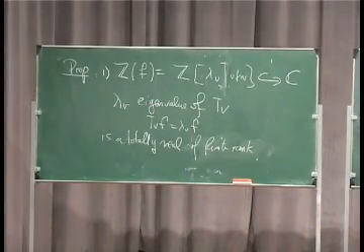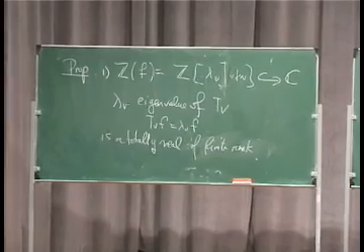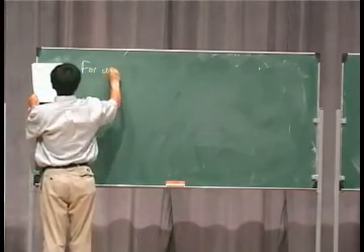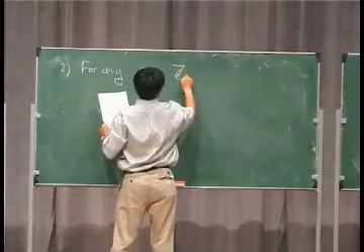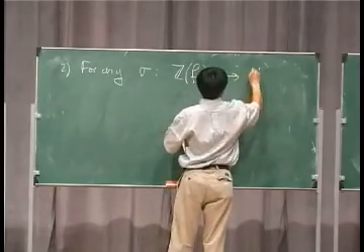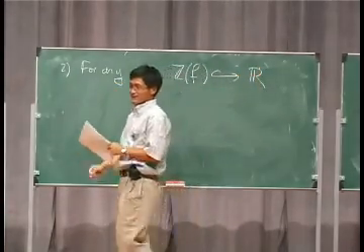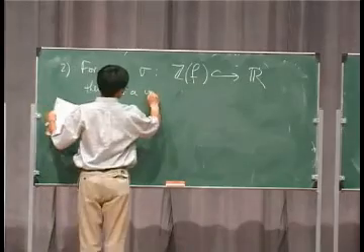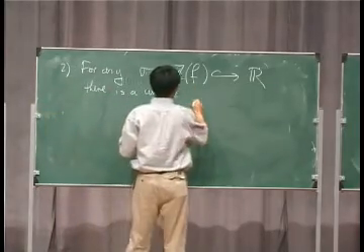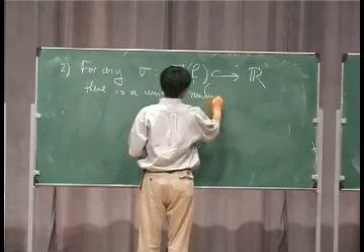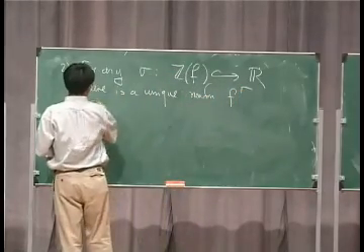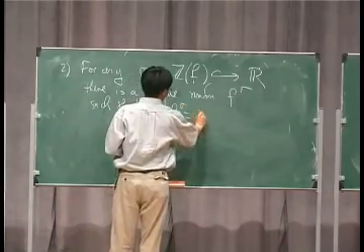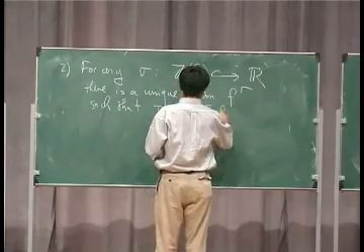The second property is something called strong multiplicity 1, but I just put it in the same way. The second thing is the following. For any embedding sigma of Z of F into the real numbers, of course, you have one embedding already, but now you can put some other embedding, there is a unique new form called F sigma such that T_v of F sigma equals sigma of lambda_v times F sigma.